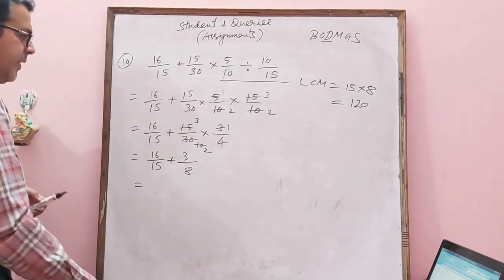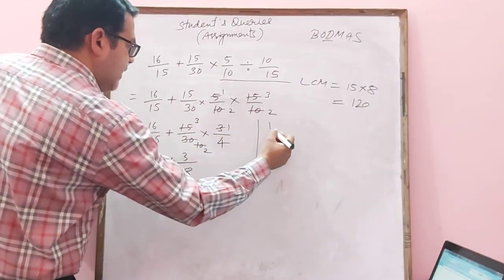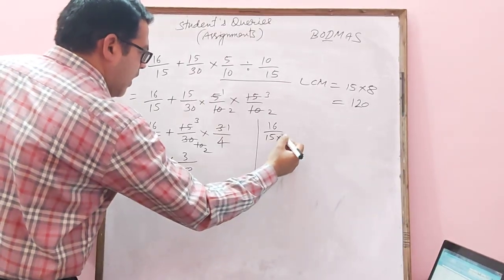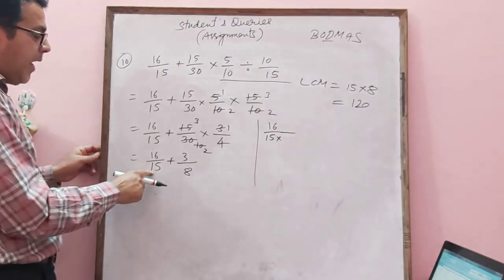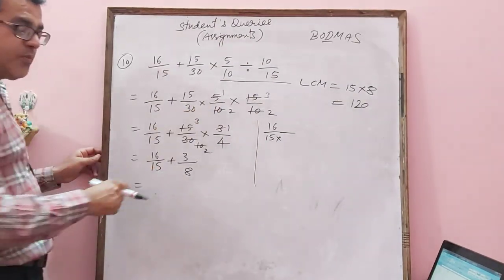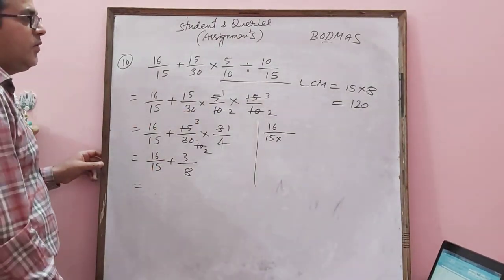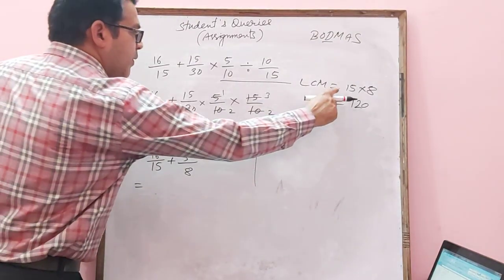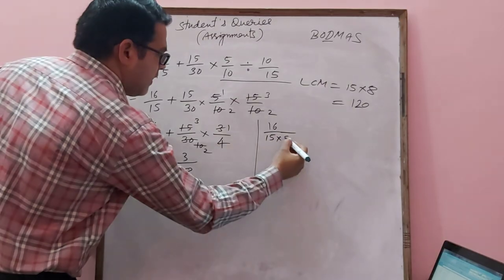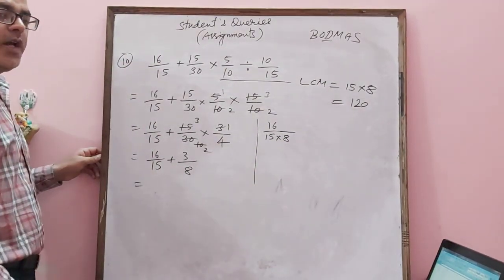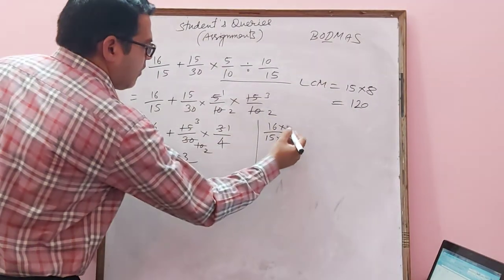Now we have to make this 120. By which number should we multiply this 15 to make 120? If we multiply this 15 by 8, we get 120. Upper side also we need to multiply.